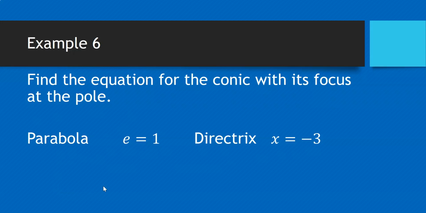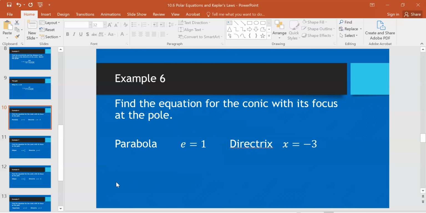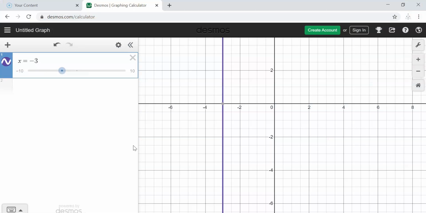So what we do is we start out with a graph and simply look at x equals -3. x equals -3 is a vertical line here. So that tells me what this parabola is going to be doing.